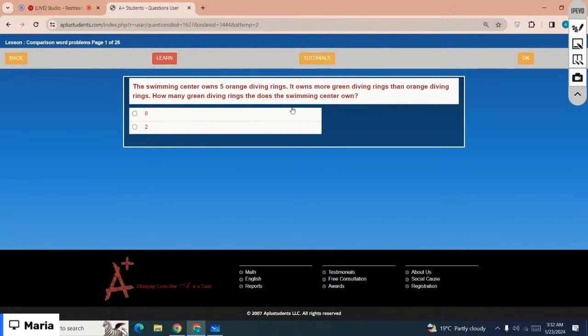Okay, let's just understand the question first. The swimming center has five orange diving rings, right? The green diving rings are more than orange. So which is the correct option? You're given 2 and 8. Which number is greater than 5?